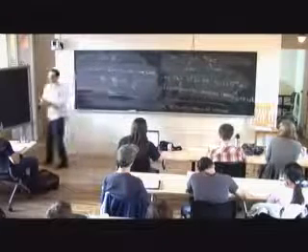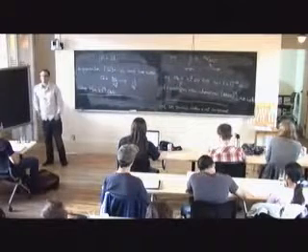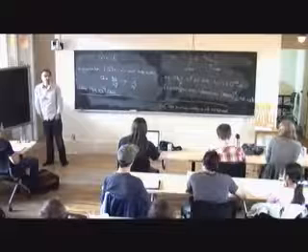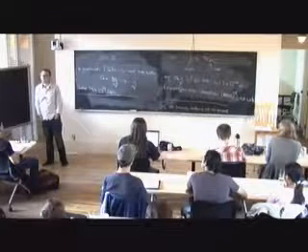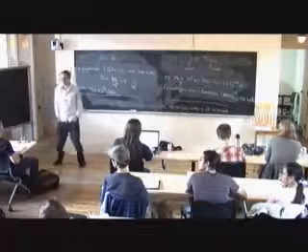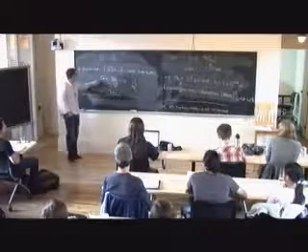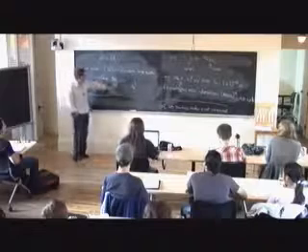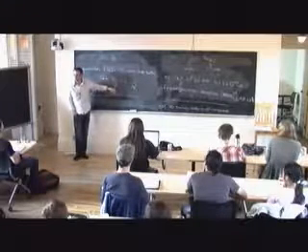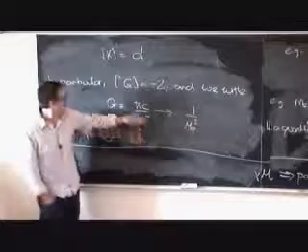Okay, any questions about this introductory stuff? Yeah. Sorry, G equals h bar times c divided over m squared. So this is a definition of what we mean by the Planck mass. Okay, so the units are right.